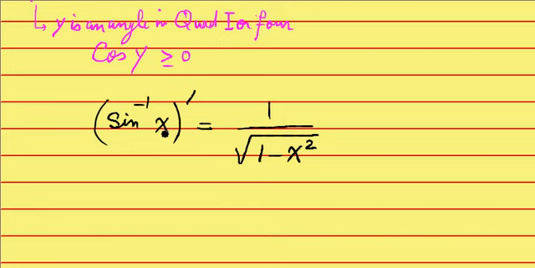Sine inverse is defined for numbers from 1 to minus 1. At 1 and minus 1 itself, this right hand side becomes infinity, telling us that we are going to have a vertical tangent line. All of that can be understood if you do a quick graph of sine inverse.